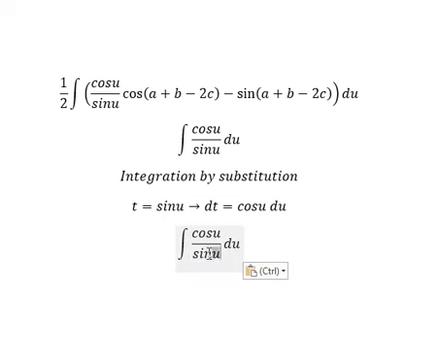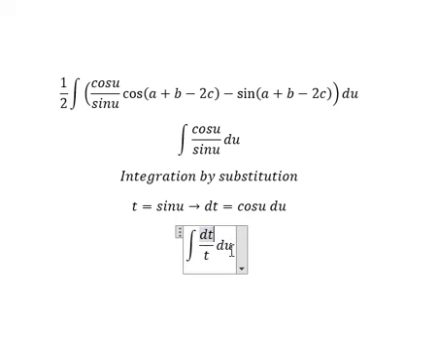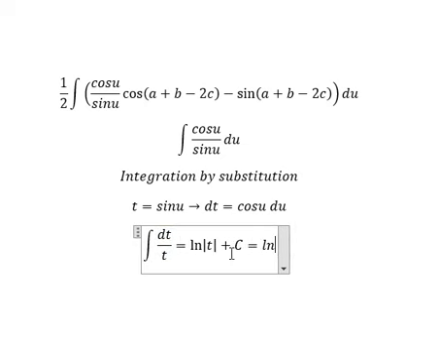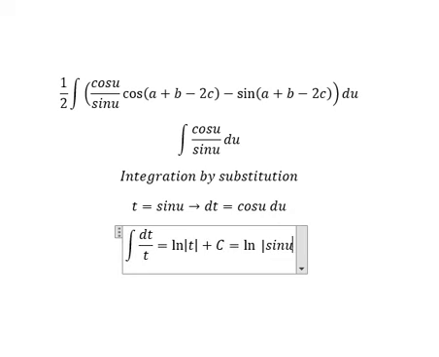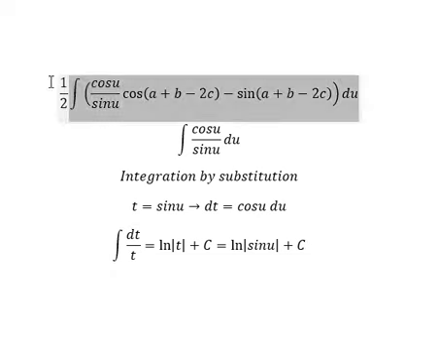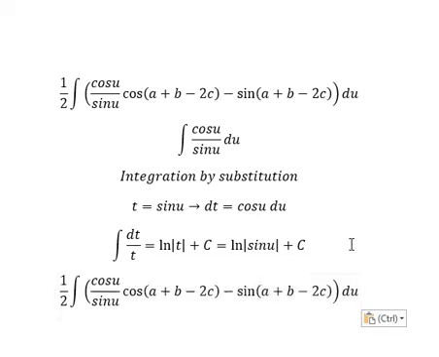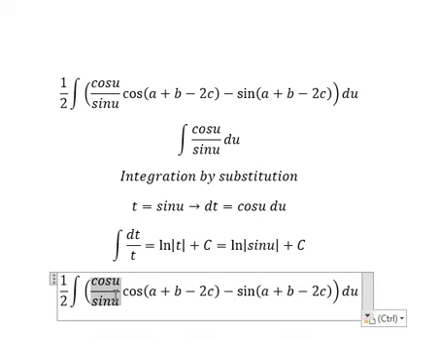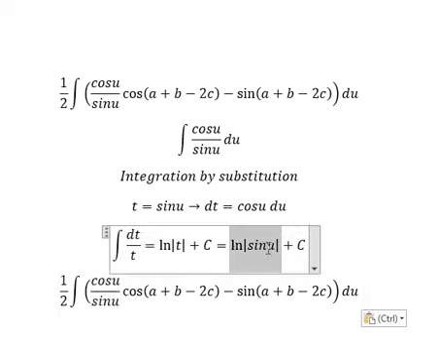So this one we change for t. Cosine u du, that is about dt. The integration of this one we got like this. So about t, that is about sine u. So the integration of this one, that is about this one.